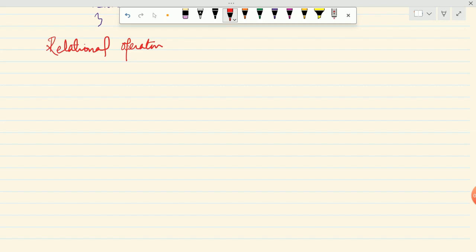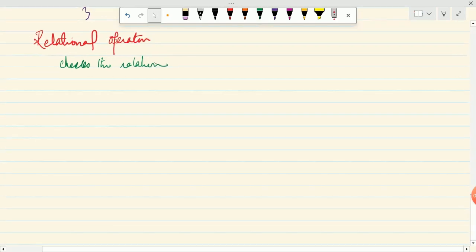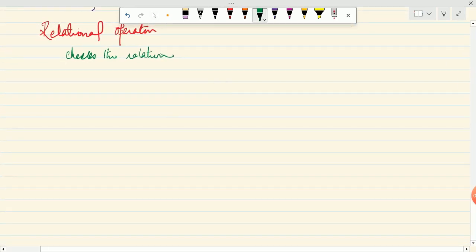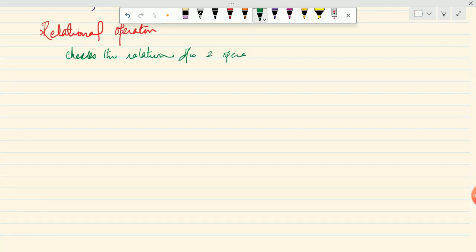If the relation is false, it will return 0.